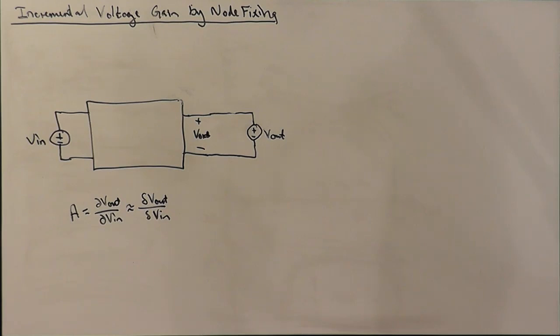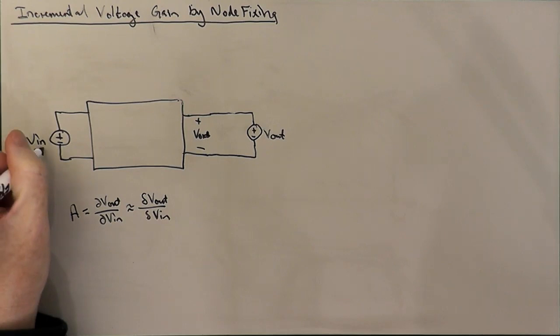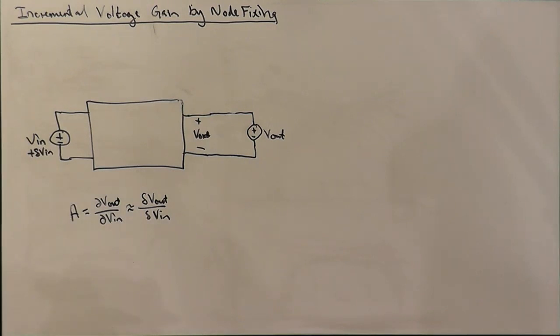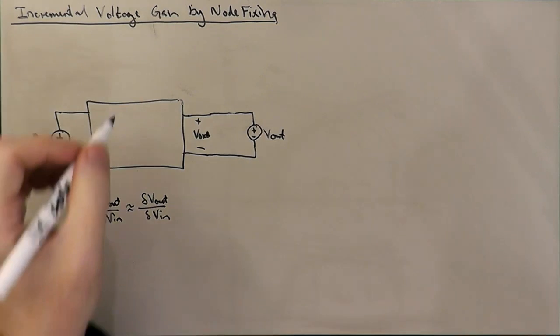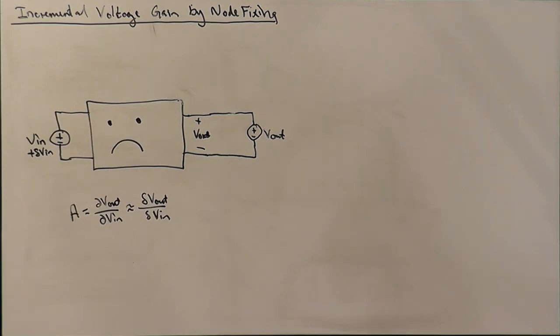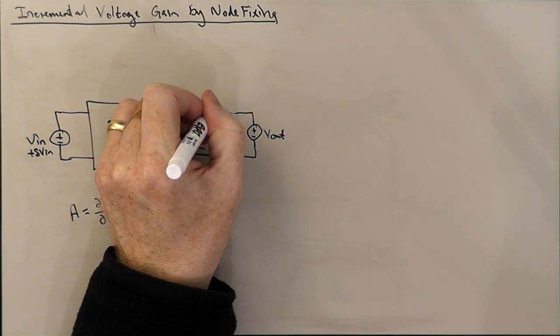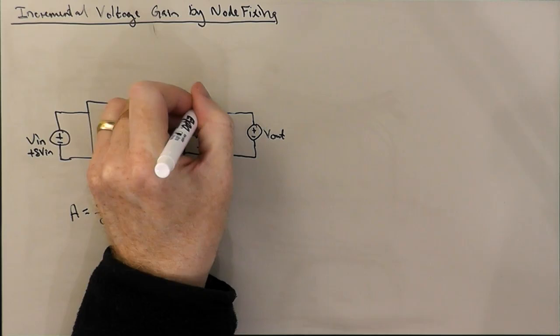And so now if we apply our input voltage change, the output voltage wants to change, but it can't. And so the circuit is kind of an unhappy circuit. And it registers its dissatisfaction with the state of affairs by producing an output current I out.